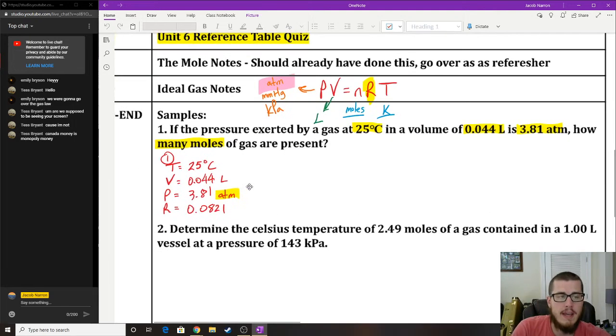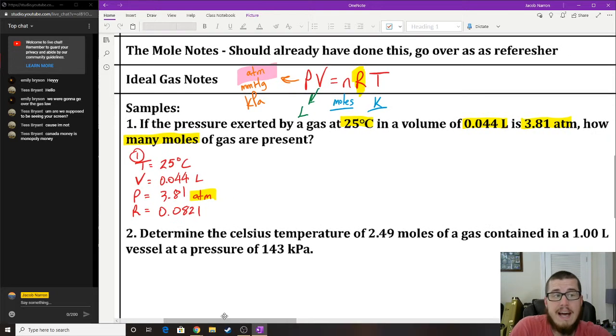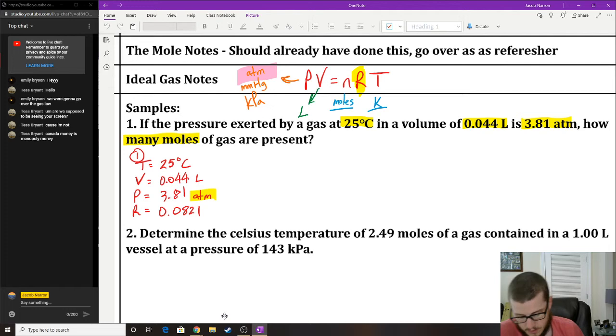Because we're using atmospheres in this problem, I have to use a gas constant that has atmospheres in it. I'll show you why in a second. The full units for that gas constant are liters times atmospheres over moles times Kelvin. If you don't believe me, it's on the reference table. So I'll write it out.